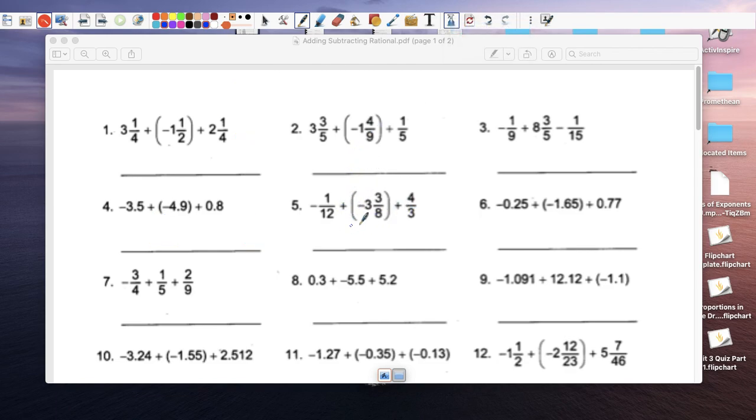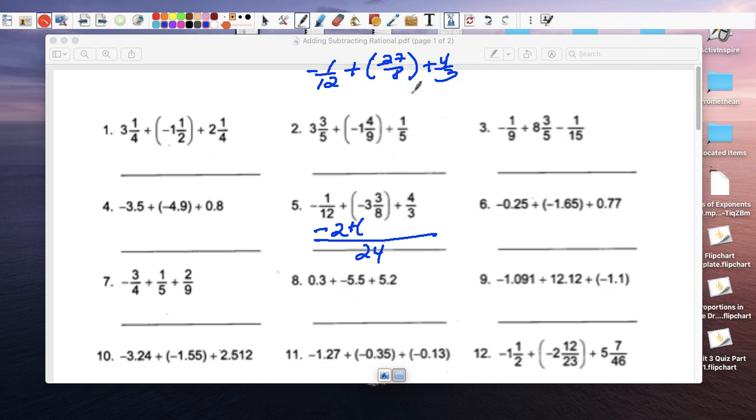Can we find a common denominator? Yeah, so let's just write this out. So it's negative 1 over 12 minus, so I know there's a plus minus, so you know what, for this one I'm just going to leave it as the plus minus, and this is going to be negative 27 over 8 plus 4 over 3. And if I change everything, my LCM is going to be 24, so this 1 over 12 is going to be 2 over 24.